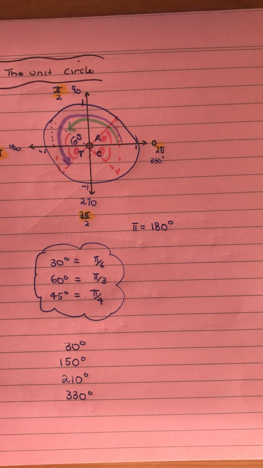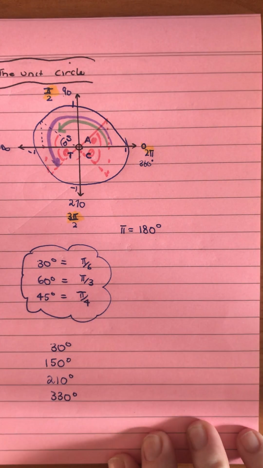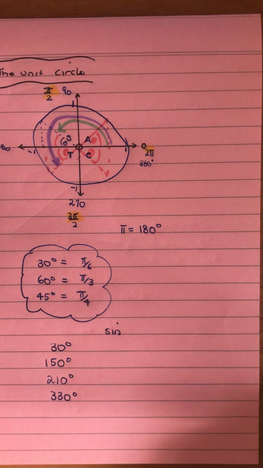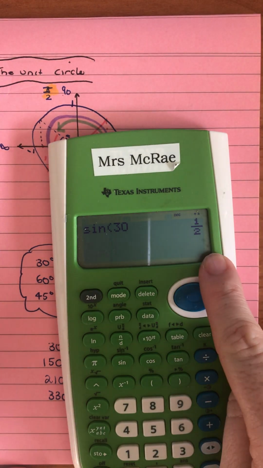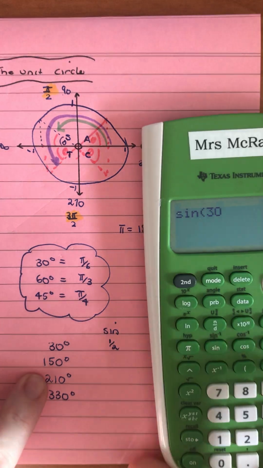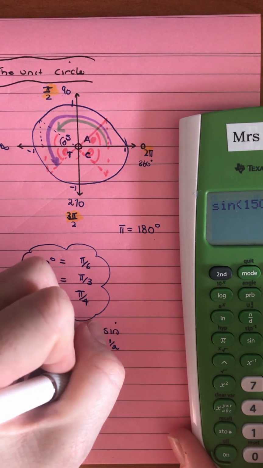I'm then going to grab my calculator and have a look at some of these ratios. So first I'm going to look at sine. So if I do sine of 30, I get a half. If I do sine of 150, I get a half again.